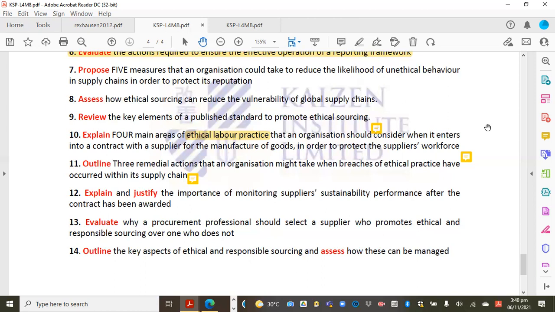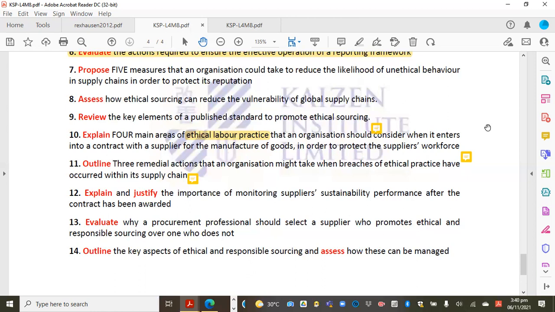So basically, it prevents fraud. It also ensures that you get people who provide or execute tasks based on the specification without cutting corners.